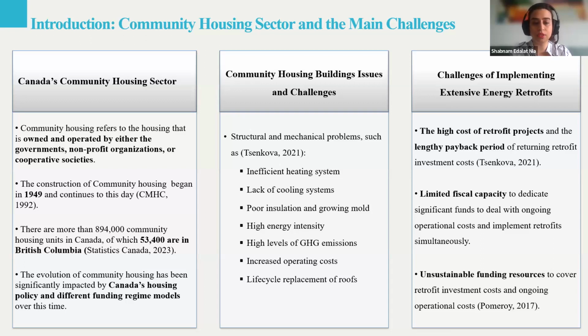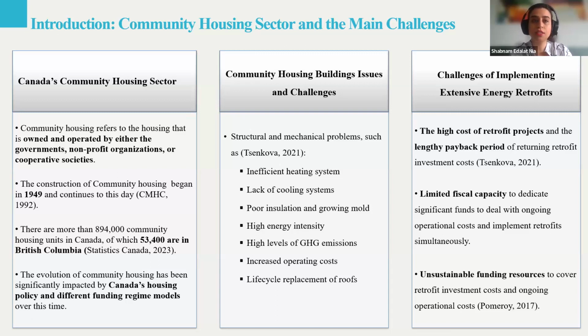One of these policies with an extreme adverse impact on community housing was in 1919, when the federal government decided to discontinue all of its responsibility for community housing and terminate all of its funding for the construction and maintenance of the existing community housing units.